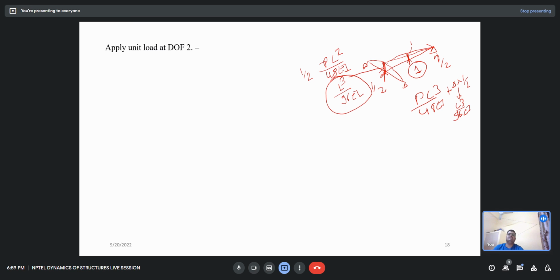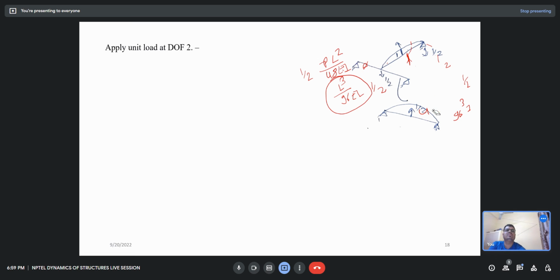If you sum it up, you will find the answer. Let me erase this. So I will apply a unit load here. That deflection is L cube over 48 EI, and there is extra deflection in this beam also, due to the 1 by 2, that is L cube over 96 EI.